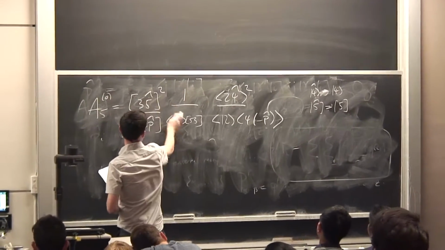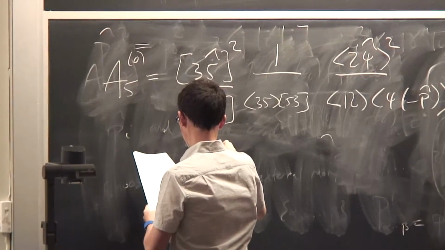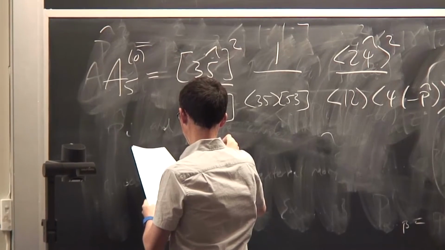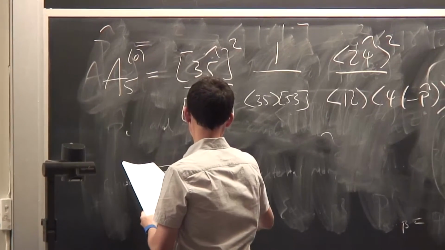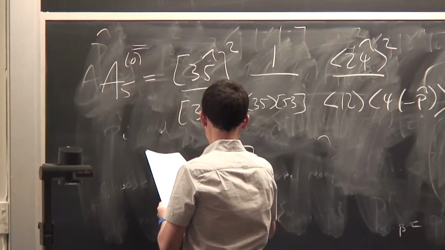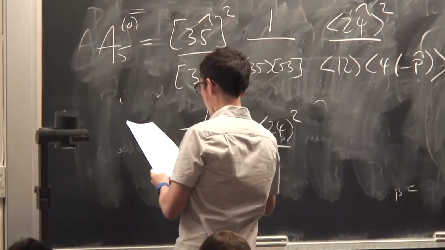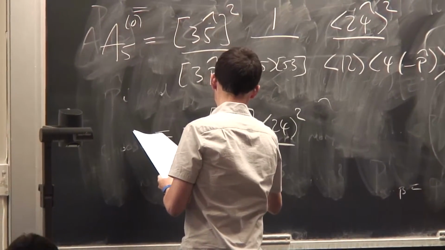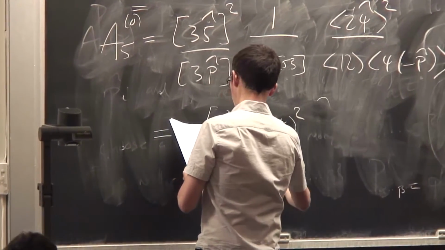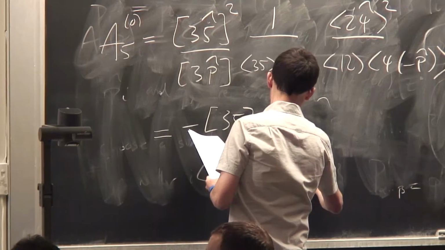This ⟨3 5⟩ here is going to cancel this one with a sign, and then I get minus ⟨3 5⟩⟨2 4⟩ squared divided by ⟨4 p hat 3⟩⟨3 5⟩⟨1 2⟩.